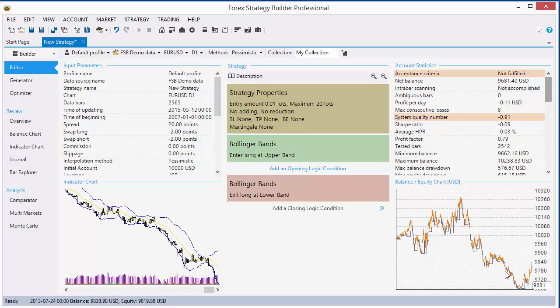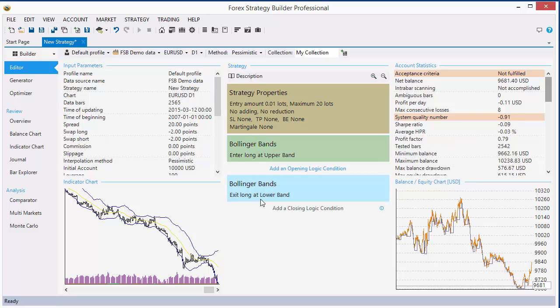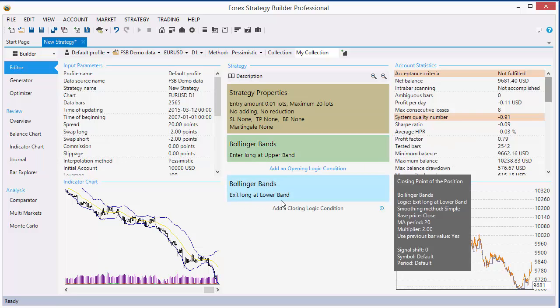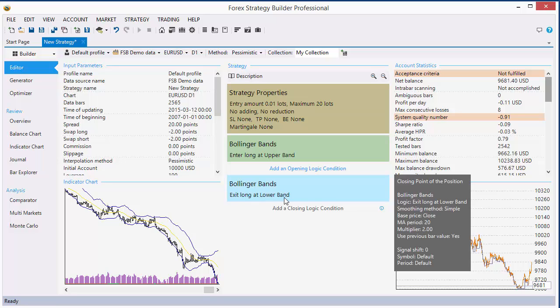But what we have here are the rules: enter long at the upper band and exit long at the lower band. For the short position we have enter short at the lower band, because the rule is opposite. Actually, the short entry rule is the same as the long exit rule.